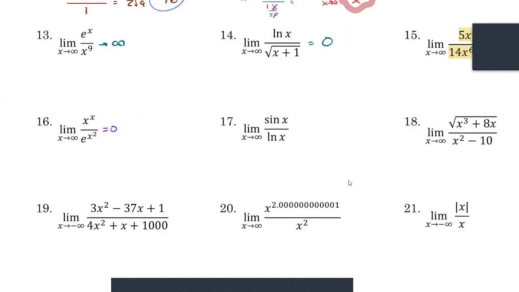Oh yeah, there's a way that we can do that. There's a smart way of doing this. So if you looked at 17, sine we know fluctuates between -1 and 1. Natural log, we know eventually goes off towards infinity. So the bottom is going to dominate. This is going to be 0. You could also use the squeeze theorem if you wanted to, right?